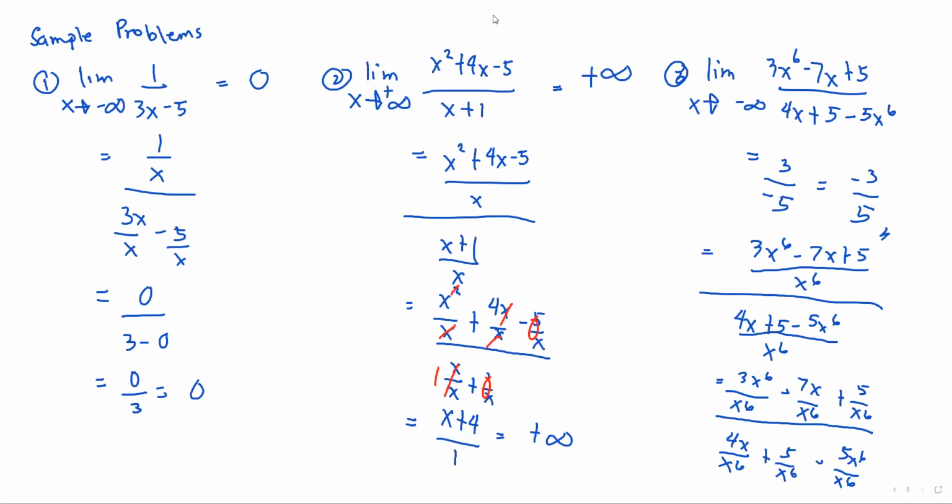Okay, so cancellation. Magka-cancel ito. Ito magiging 5. Ito magiging 0. Magiging 0. Magiging 0. Tapos negative. So final answer mo is ito. Okay?